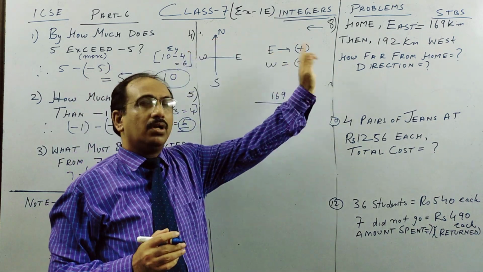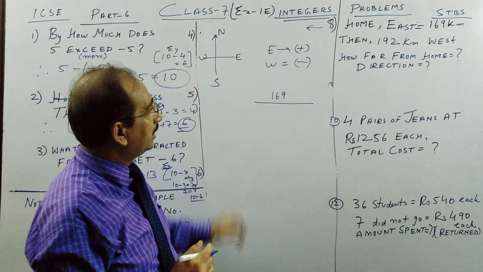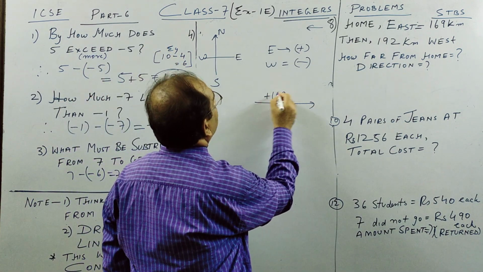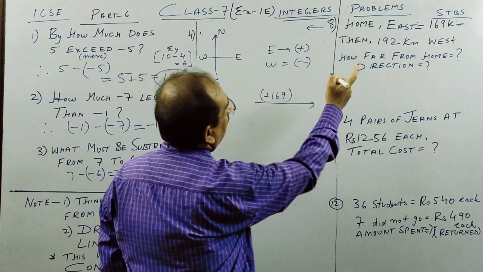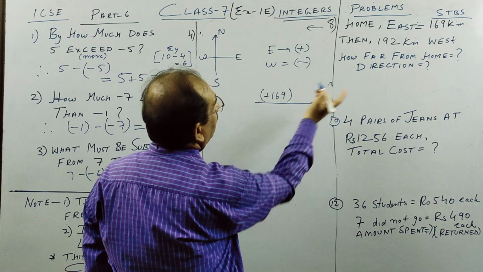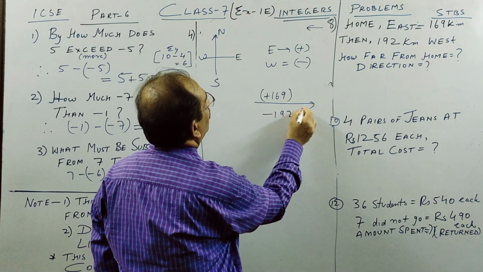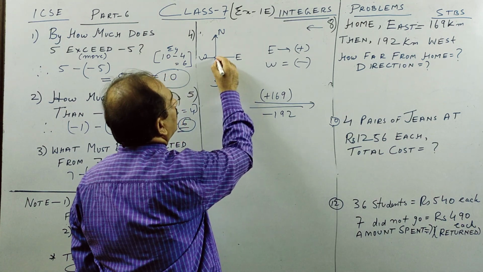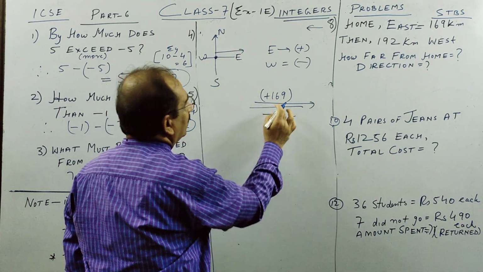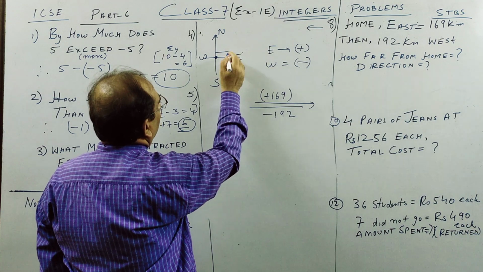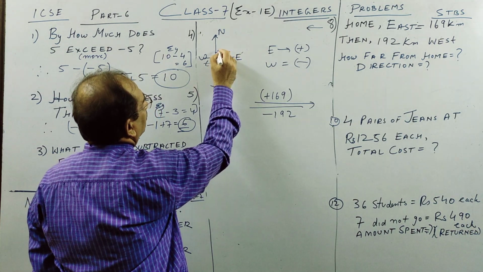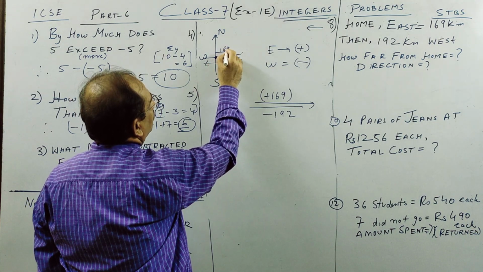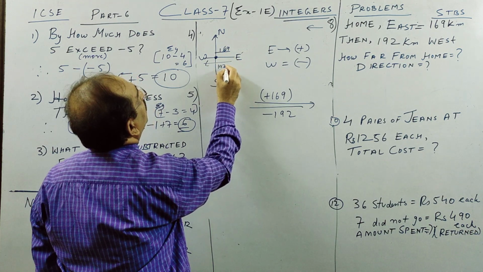Going here is positive, coming back is negative. So he goes this much towards east, and then he returns back. Suppose his home is here. He goes 169 kilometers, then he comes back 192 kilometers.